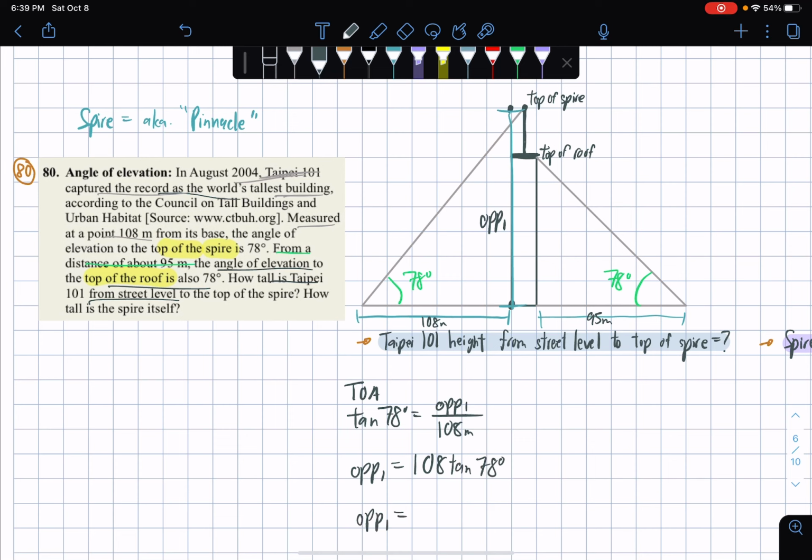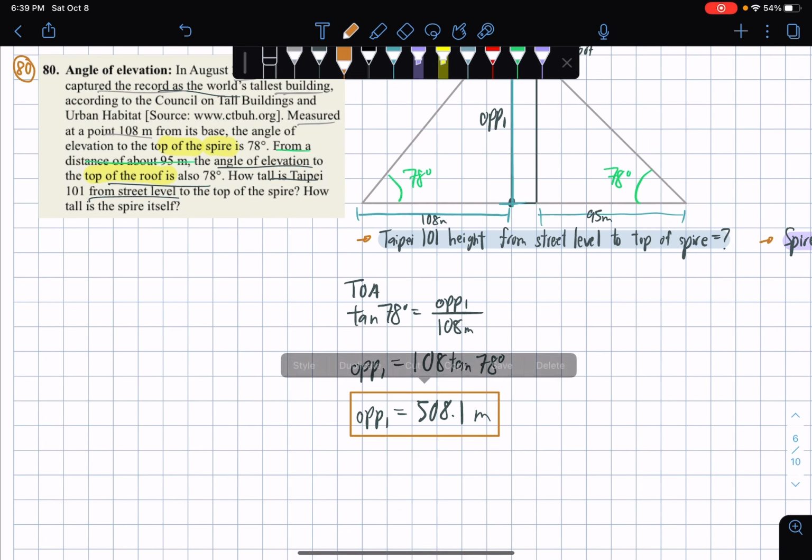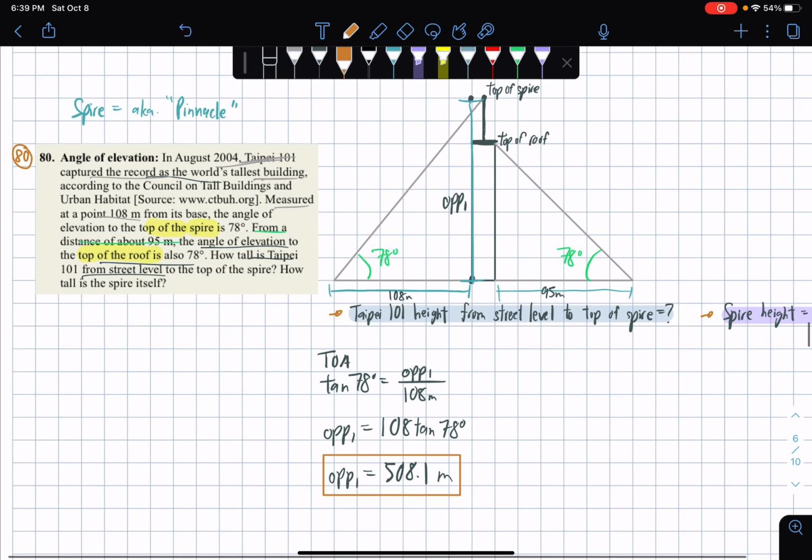Opposite 1 is equal to what? 108 tangent 78 is equal to 508.1 meters. This is the actual height of Taipei 101, including the height of the spire.